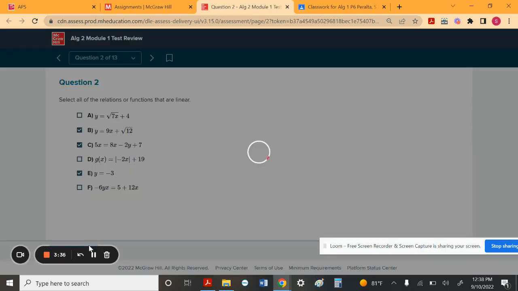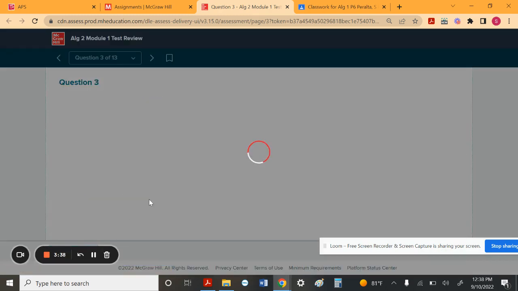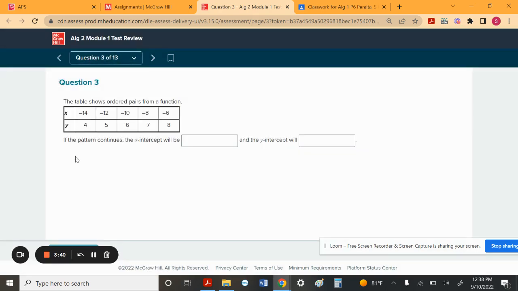Okay. Oh, I can actually go up here. Okay, so now the table shows a pair of functions. The pattern continues. The x-intercept will eventually be, so notice this is going down by 2, so that's going to be -4, then -2, then 0. And that means 8, 9, 10. So I believe the x-intercept will be, and I'm assuming in this particular case, what's happening there.